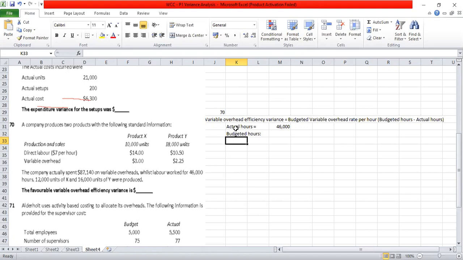Then after that, we see the direct labor cost per unit, which is $14 and 10.5. Variable overhead cost per unit is $3 and $2.5. We need to know the budgeted hours totally taken, and the budgeted variable overhead rate per hour. There are two things we have to know.